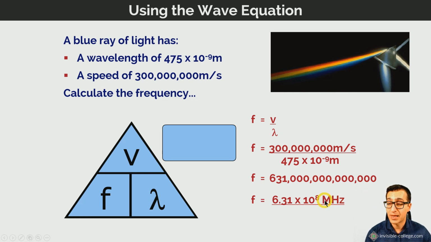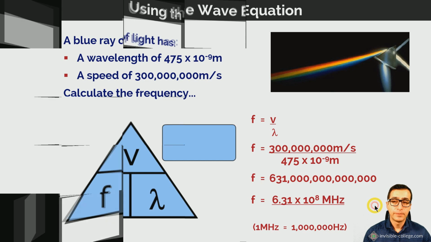Now a megahertz, a capital M in front of any unit, is millions of hertz. So this M represents 6 of these zeros, and we need times 10 to the power 8 to multiply the 6.31 to get the remaining digits of this number. So we can represent this as 6.31 times 10 to the 8th megahertz.